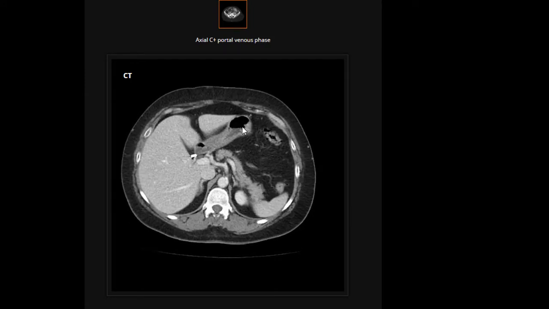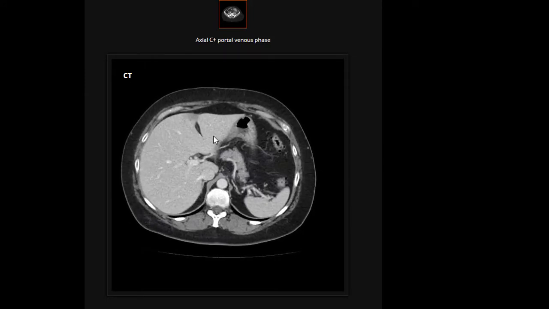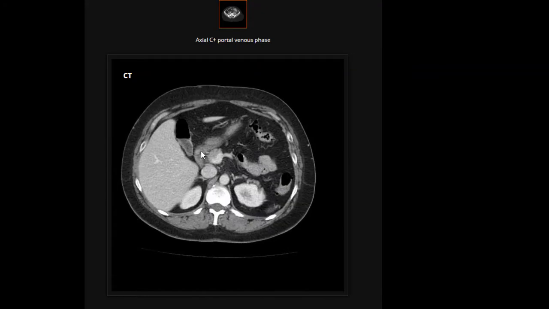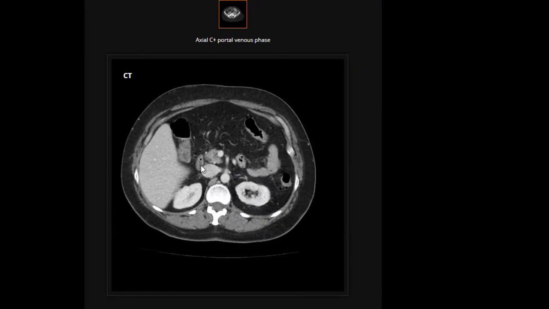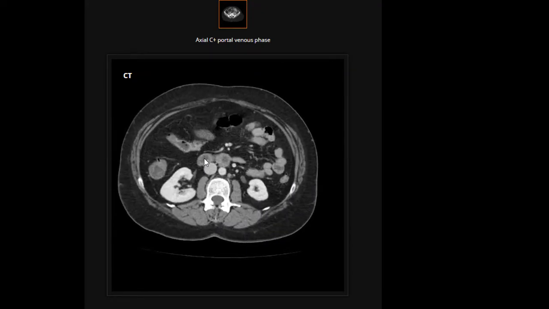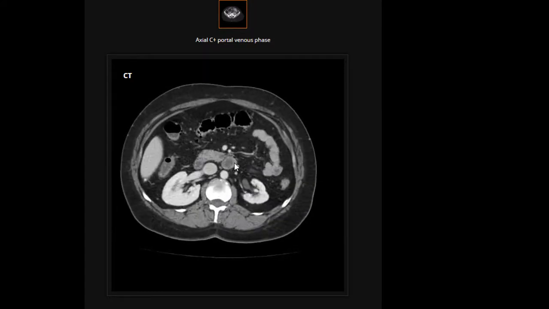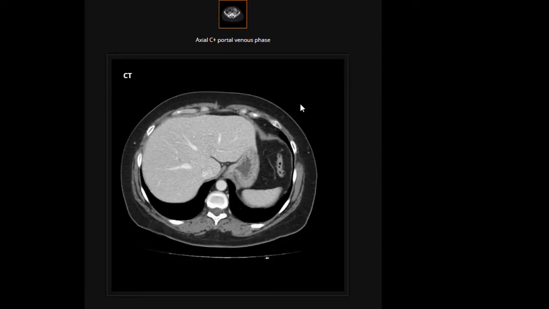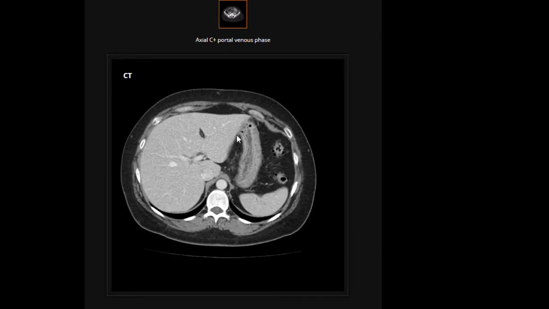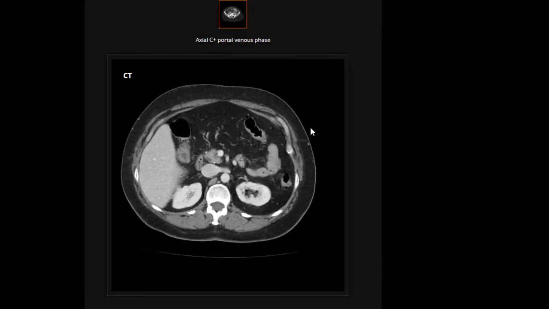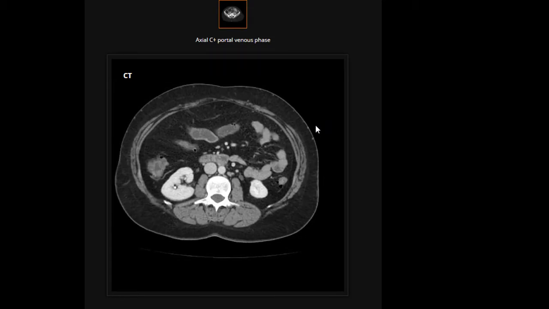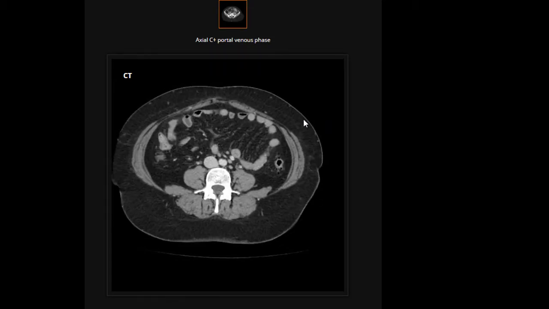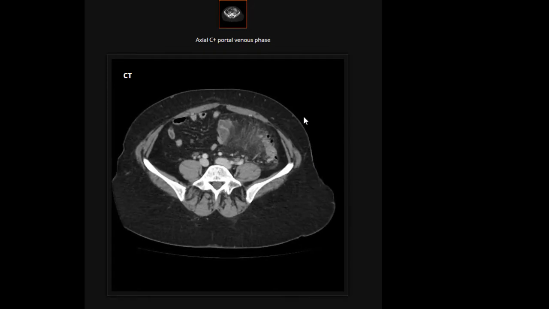Look through the stomach, which looks normal. Here's our duodenum, the first portion, the second portion, third portion, and the fourth portion. We're going to evaluate the small bowel generally by just evaluating the left side of the abdomen. And the small bowel itself looks pretty good.